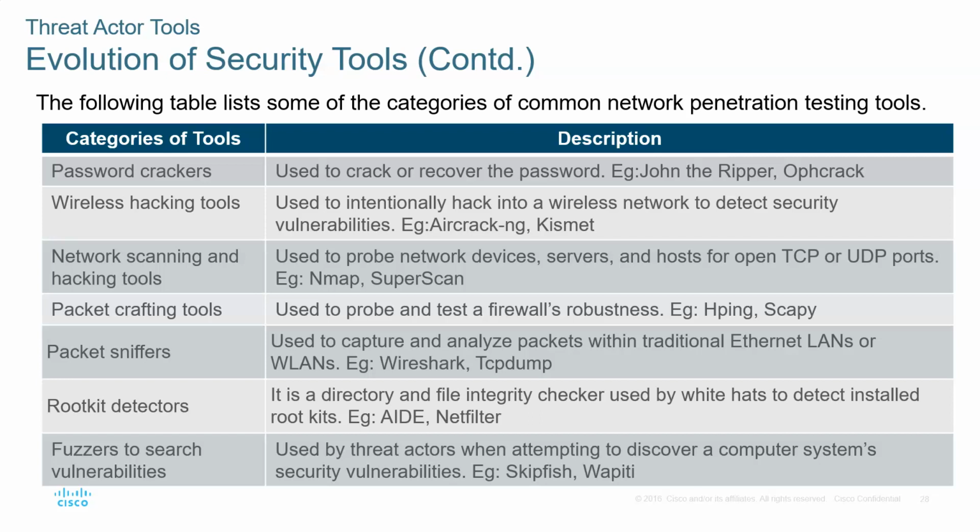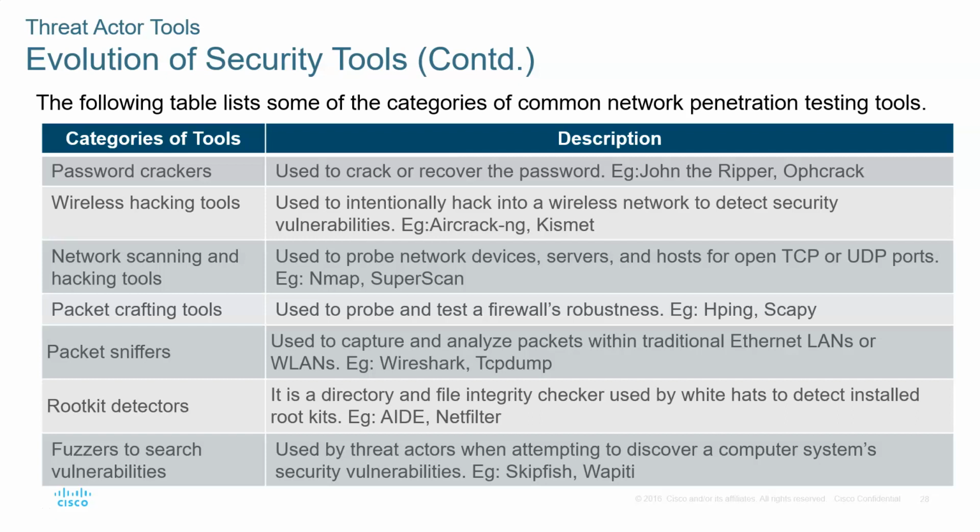Rootkits are very, very difficult malware to detect. Some of these tools, like AIDE and Netfilter, will be able to see if they are installed on your system, because usually they hide and erase themselves if there's an attack, and they try to get rid of themselves as quickly as possible. Then you've got fuzzers to search for vulnerabilities.